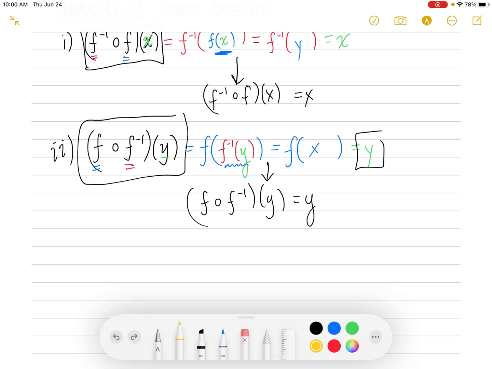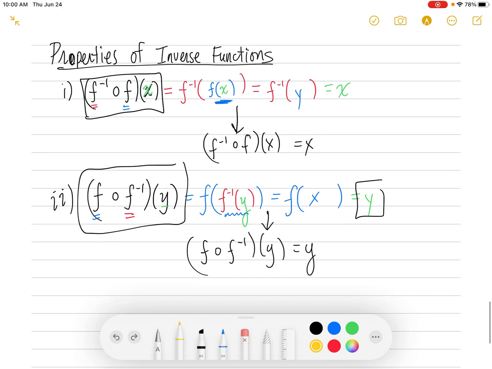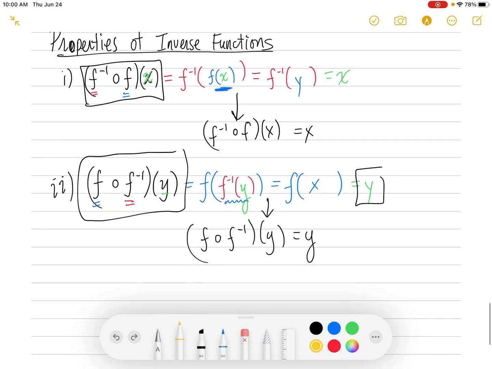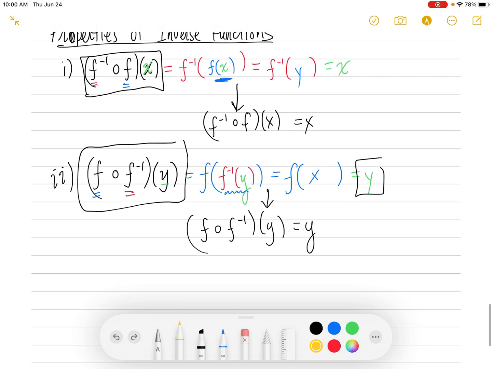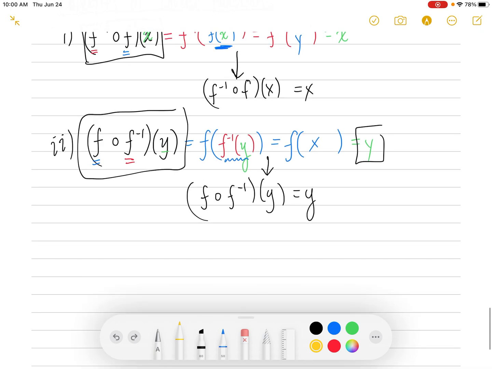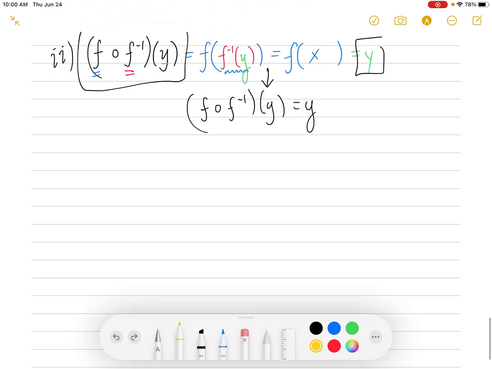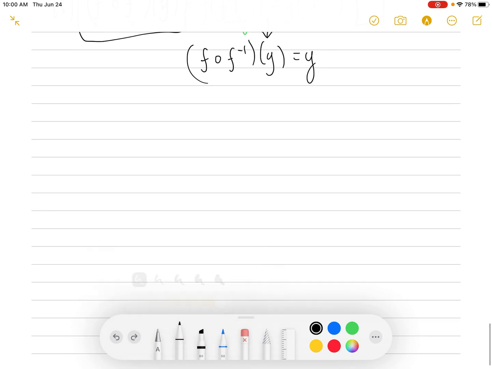Basically, you get out either just x or just y, depending on what variable you're using. If you're using the variable x, you get out x. If you're using the variable y, you get out y. So if you want to test whether two functions are inverses of each other, you just compose them together in these two ways and see if you get out x and y.